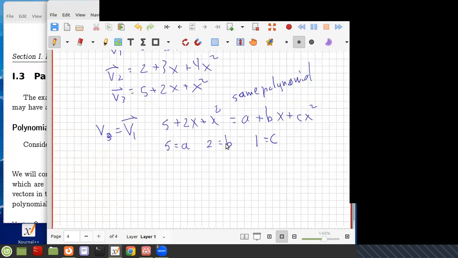So that problem has to do with the space P1, which is the space of linear polynomials, right? And so these are the same if the coefficients are the same.